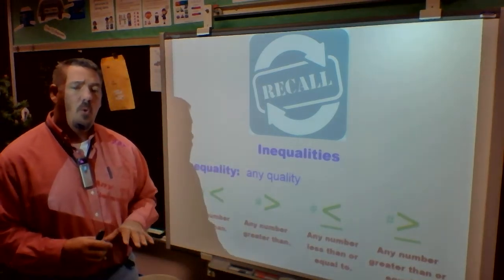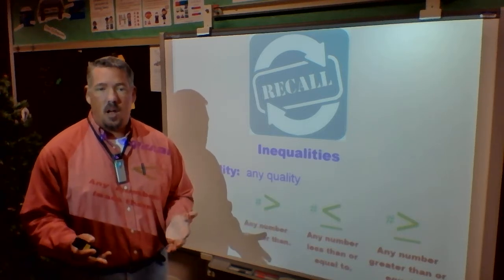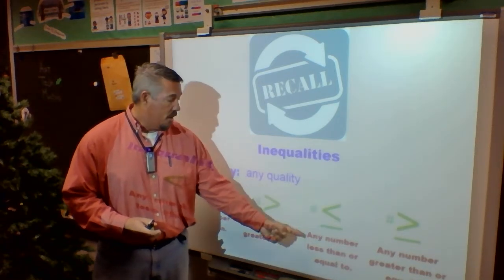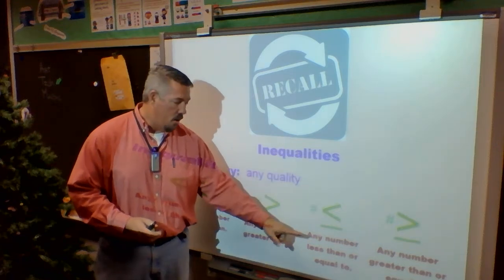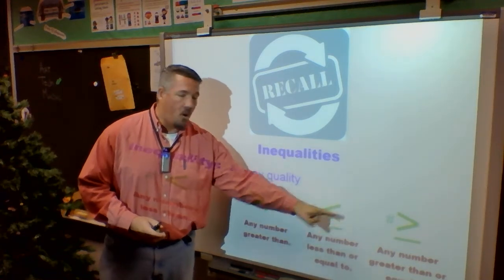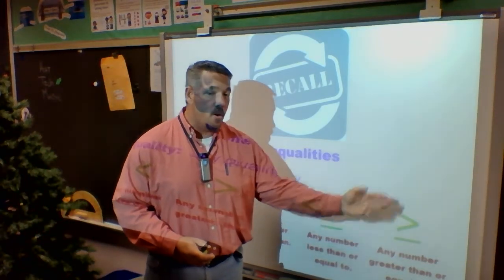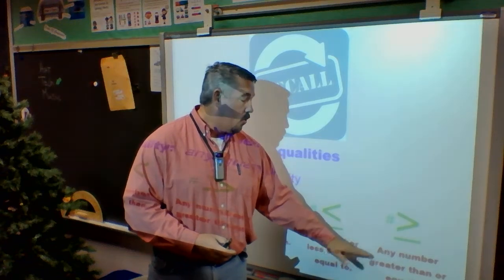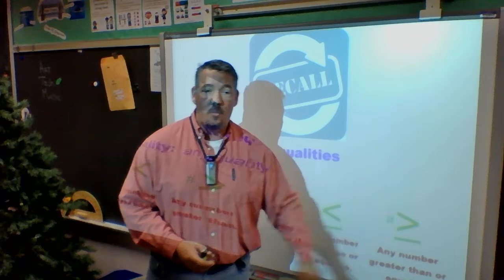I told you in 10.1 that the line underneath it was just half of an equal sign. So we know that it can be any number that is less than or equal to what is being shown. And if it's on this side, it's pointing away but it's underlined, it tells me that it can be any number greater than or equal to the number that's over here.